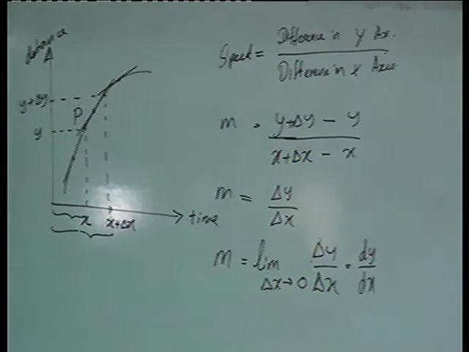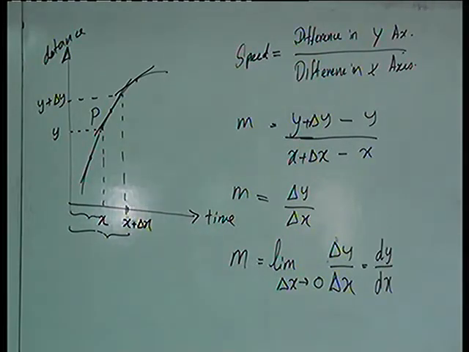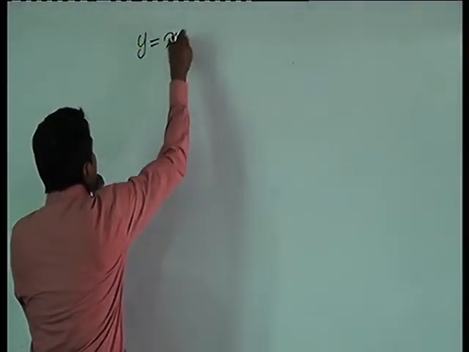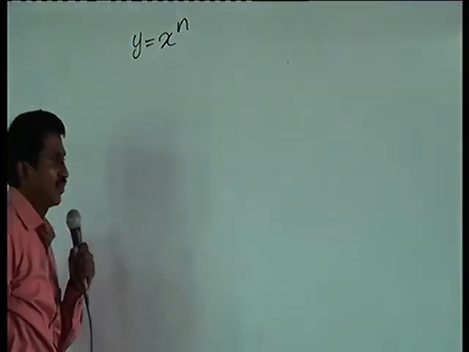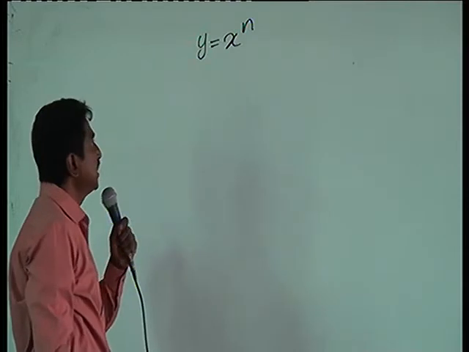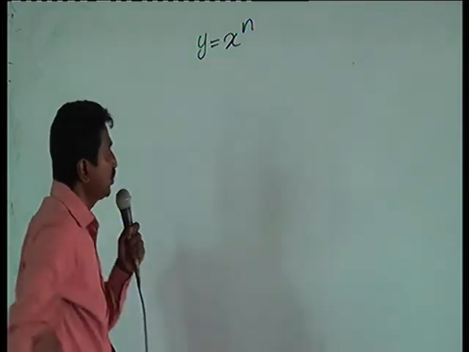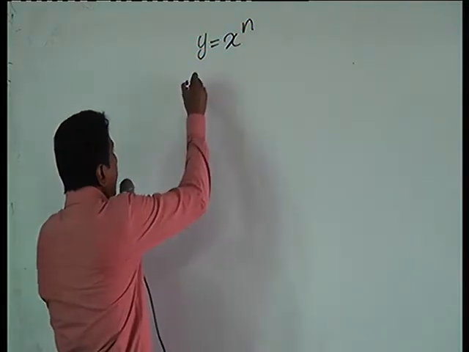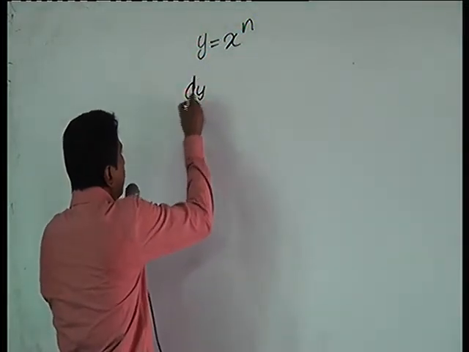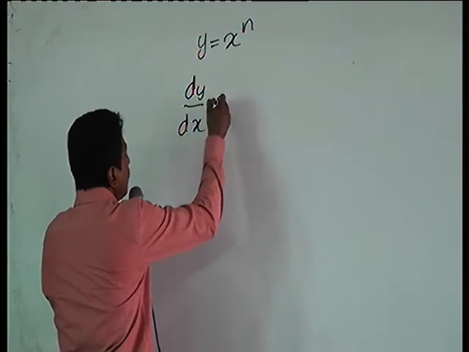Now the formula. If you consider y equals x to the power n, this is a function. If the function is y equals x to the power n, what is the value of the differentiation dy by dx?